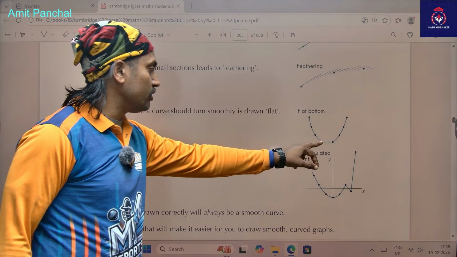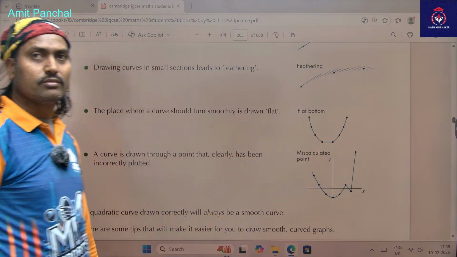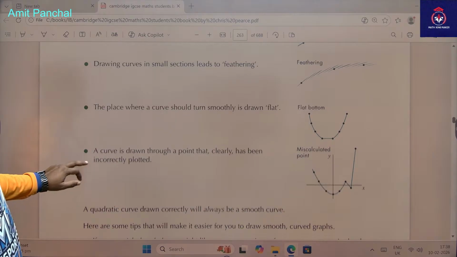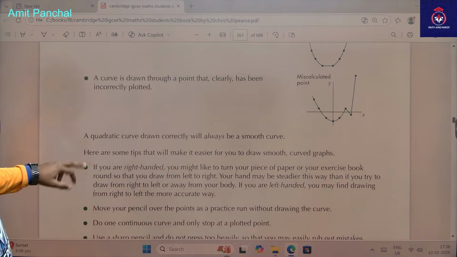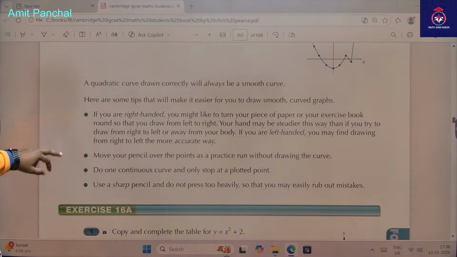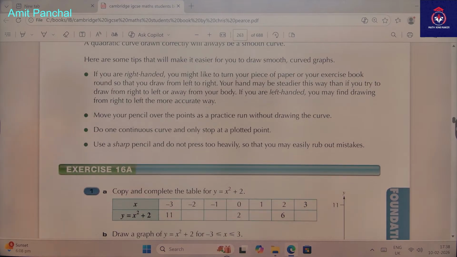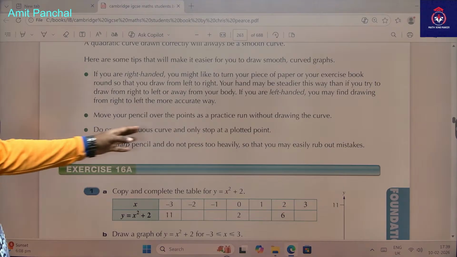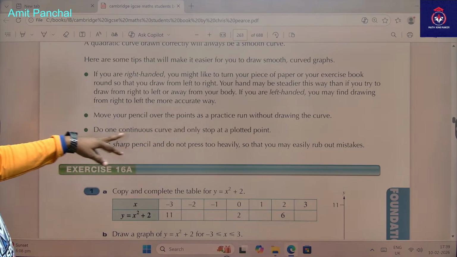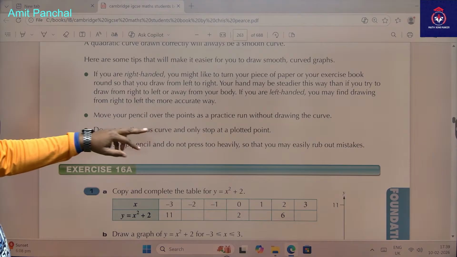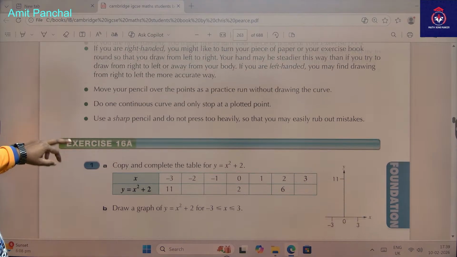So you can draw it flat also. So these are the mistakes you can make in plotting these graphs. If you are right-handed, you might like to turn your piece of paper or your exercise book round, pencil over the point, do a continuous curve and only stop at plotted points. Use a sharp pencil and do not press.